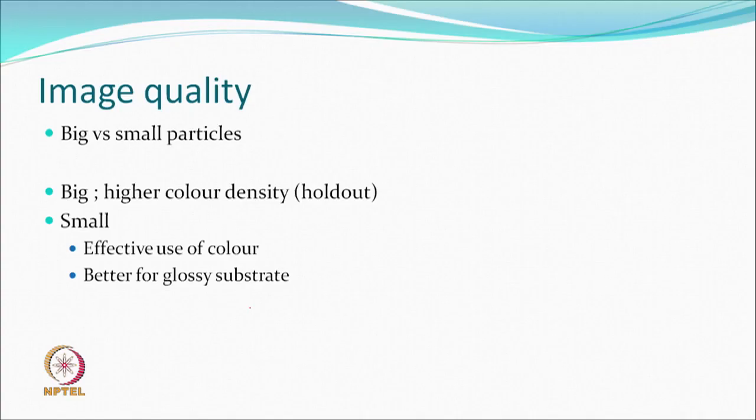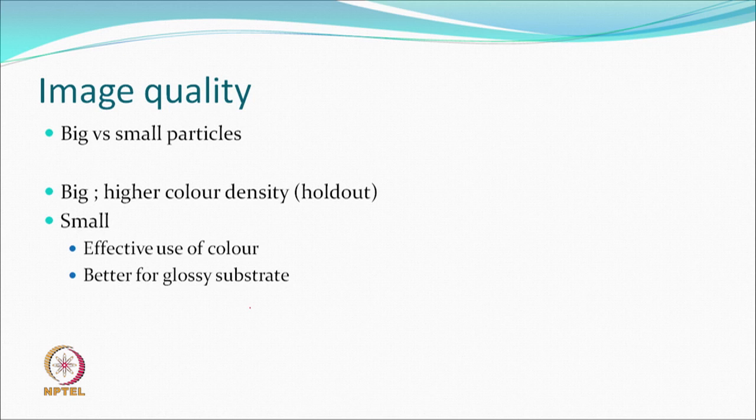Image quality, does it get affected by the size of particles? It is approximately understood that higher color density or holdout, as it is sometimes called, the big particles are responsible for that.